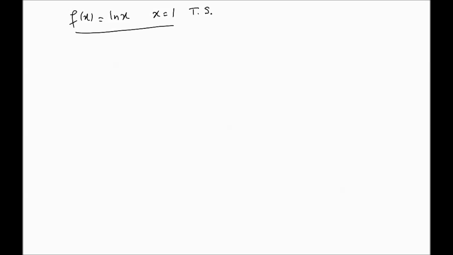So the first thing we do is calculate: f(x) is equal to ln x, which implies that f of 1 is ln of 1, which is equal to 0. Okay, ln of 1 is 0. The next thing we do, of course, is calculate the first derivative. So the first derivative of ln x is 1 over x, which implies that f dash of 1 is equal to 1.